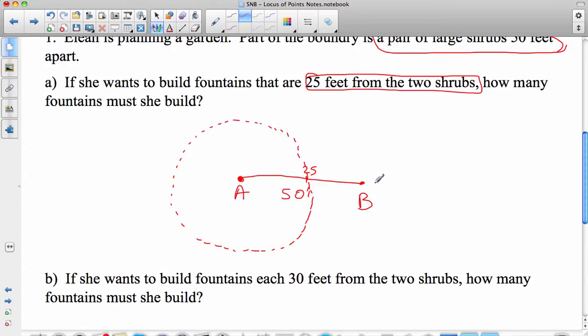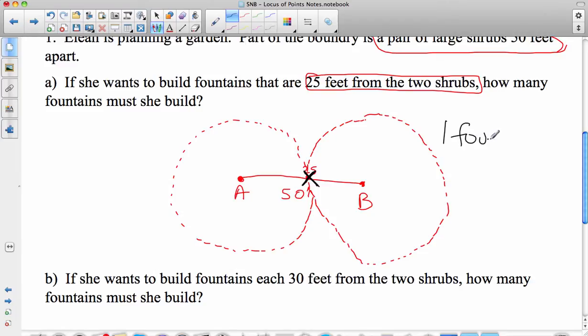We have to do the same thing for shrub B, and that too would be a circle with a radius of 25. So we're looking to see how many places our loci intersect. I'm going to mark it with an X here. There would be one spot, so the answer would be that she would need to build one fountain.